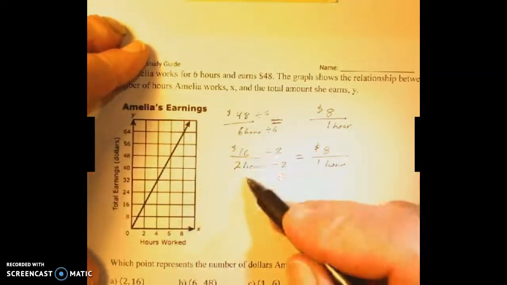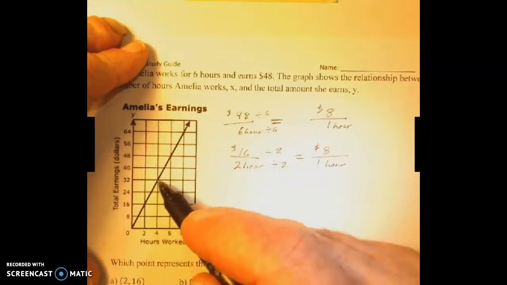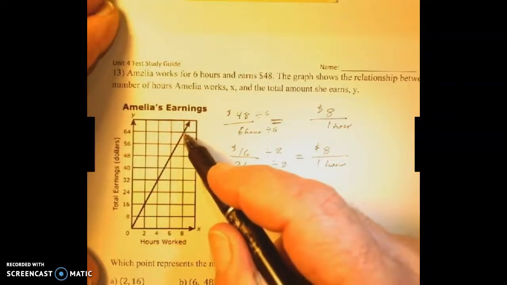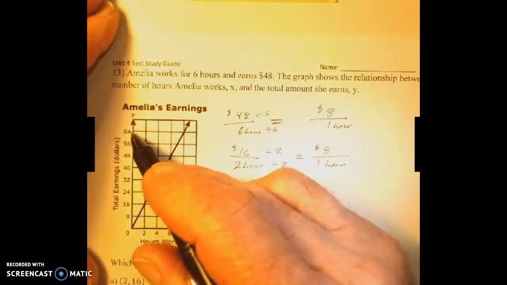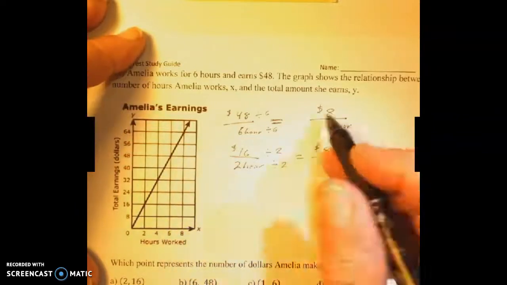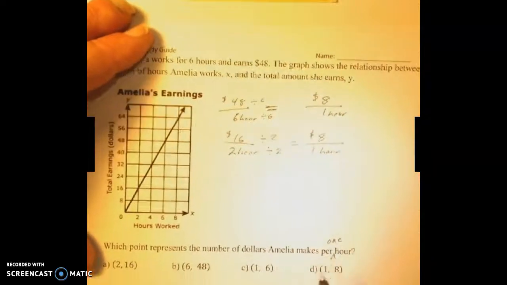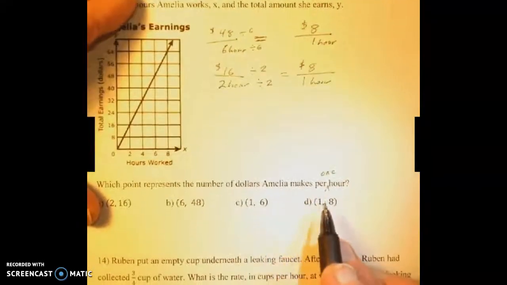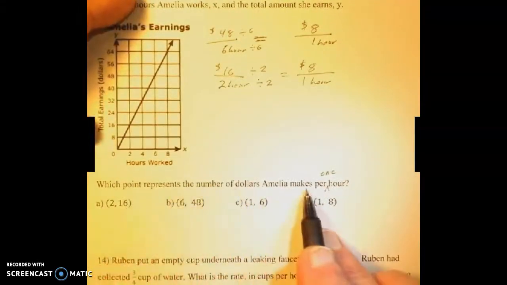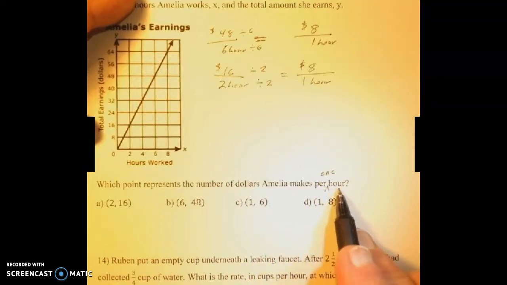I'm just trying to show you that you can choose any of these points where you can clearly read the x-coordinate and the y-coordinate and use those to find your unit rate, because that's what we're really wanting to know, is which point on here represents how much she makes in 1 hour, her unit rate.